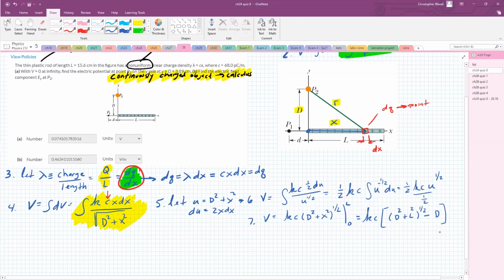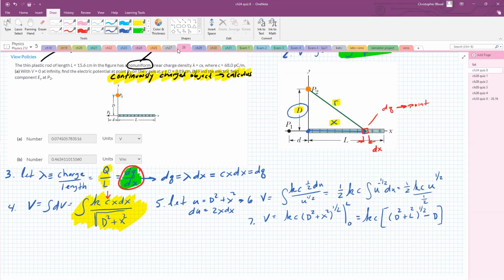Do I know D? Let me fix this. I think at this point I know all of these variables. D is given, yeah, I do know D. Do I know L? I do know L. Do I know C? Yeah, pico, which is 10 to the minus 12.